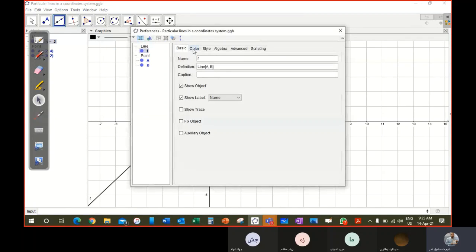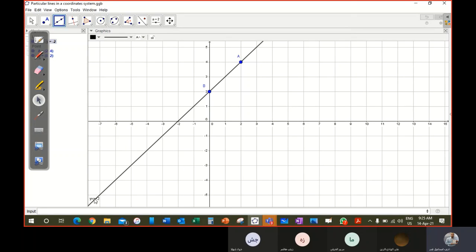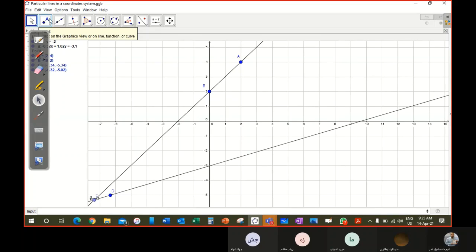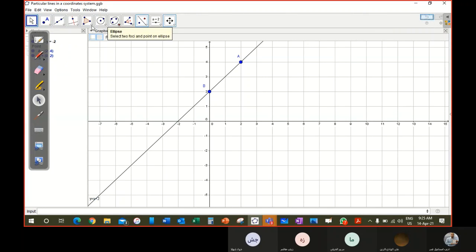This line AB is the drawing of the line y equals x plus 2. This is the drawing of the line y equals x plus 2.